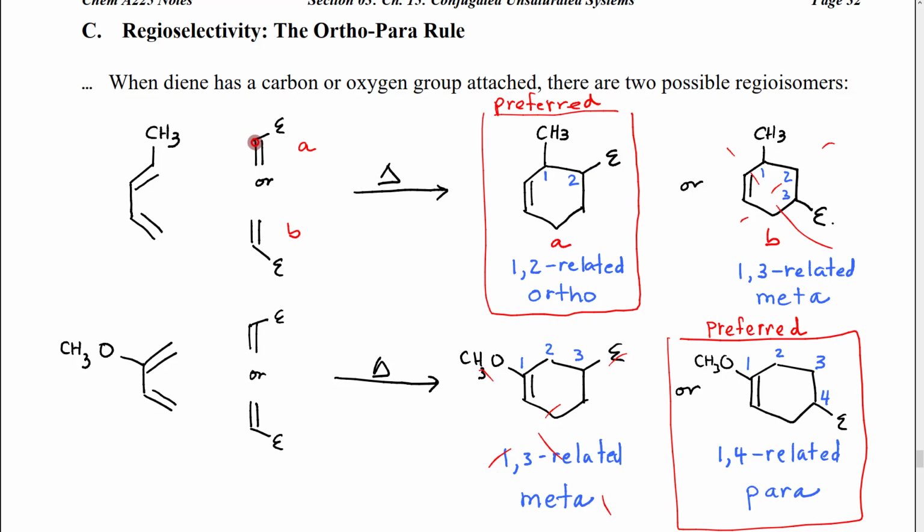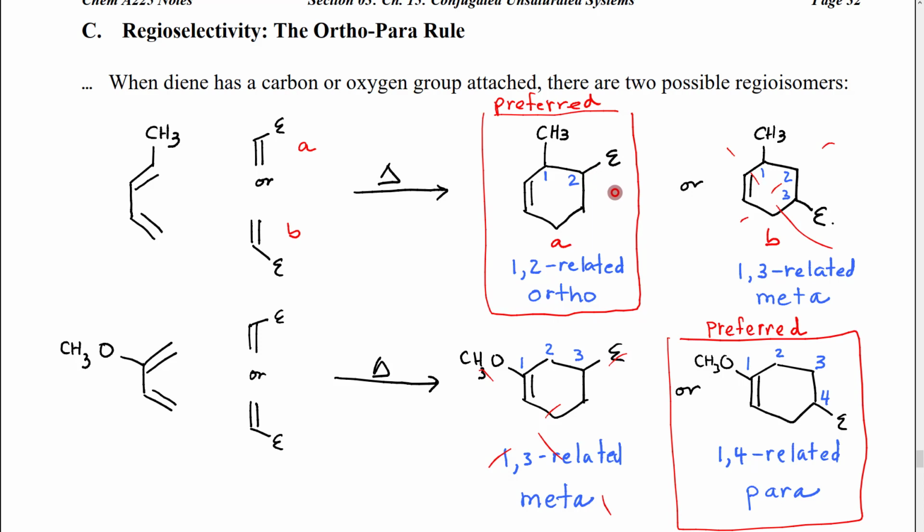This carbon is that carbon. This carbon is that carbon. You can see they became connected. Okay, now we look at our 6-membered ring. So now what we've done is we've created a 6-membered ring that has a methyl substituent here, and then one carbon away, the electron group E substituent.